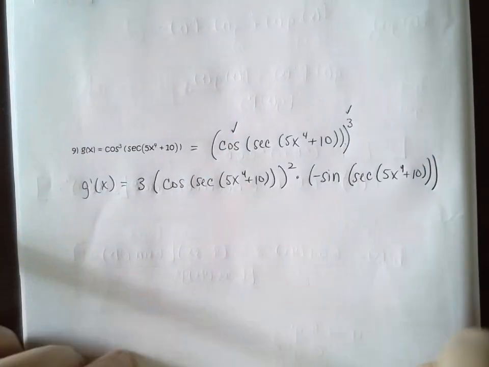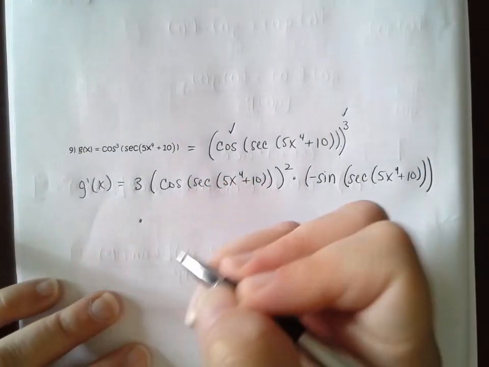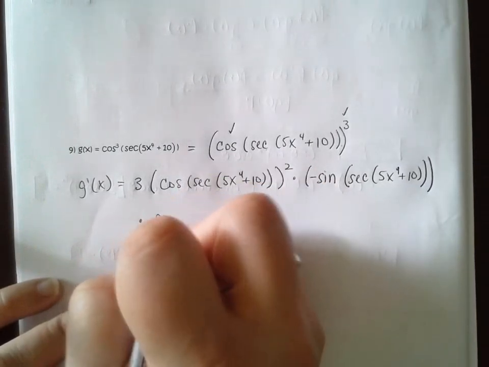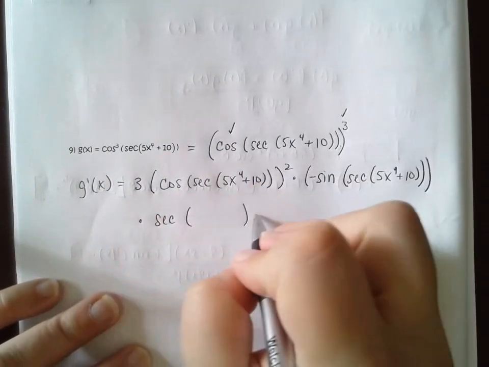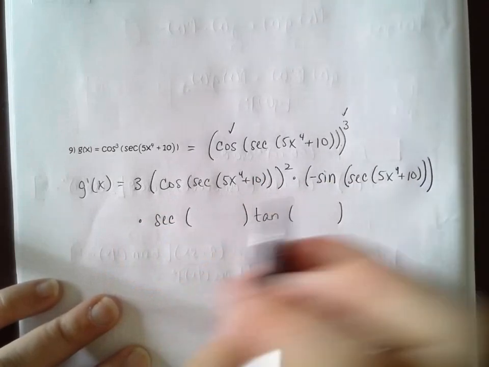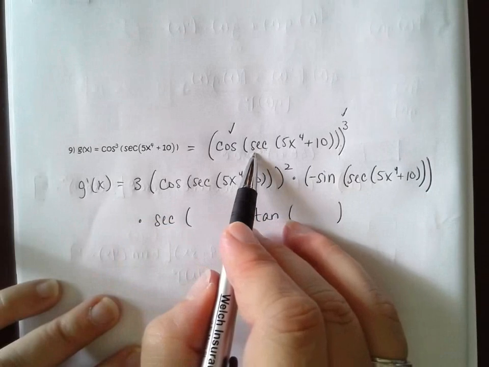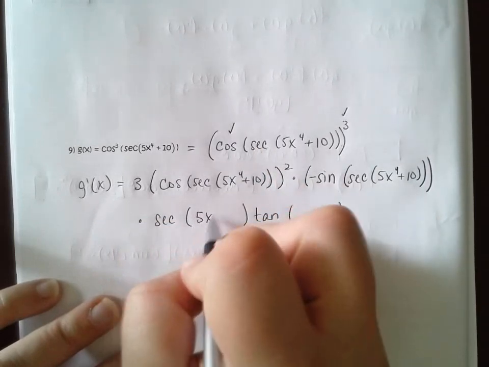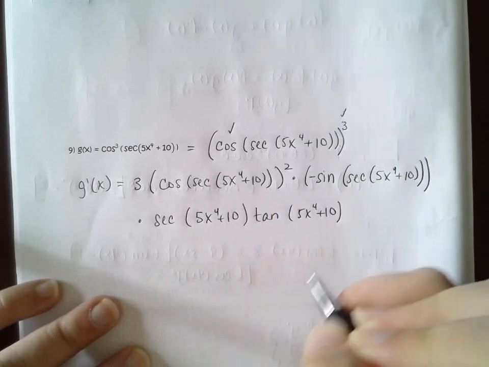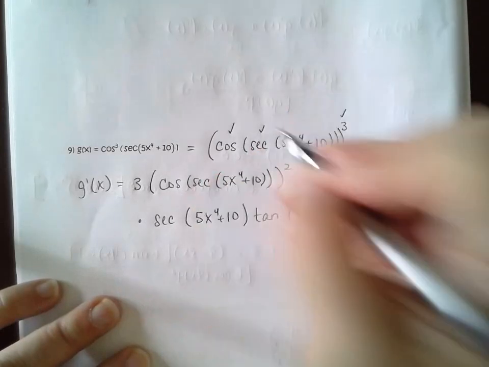Alright, took the derivative of cosine. Times what? Well, the next thing listed is secant. The derivative of secant is secant tan. Secant tan of what? Well, secant tan of what secant was of. Alright, so we've taken that derivative.